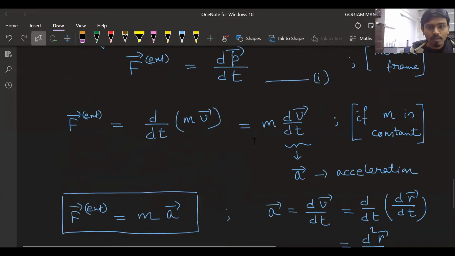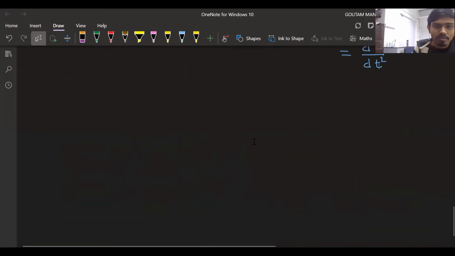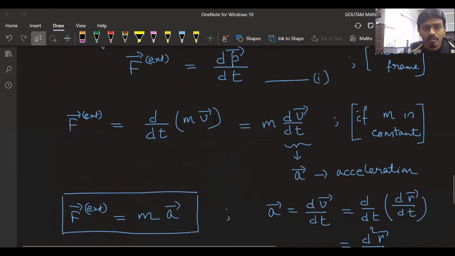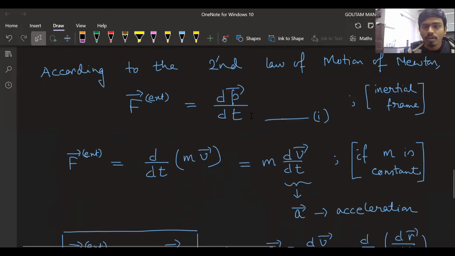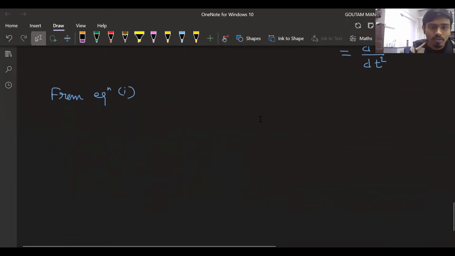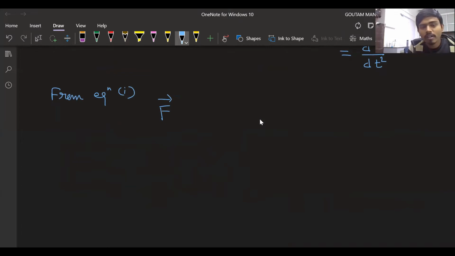So from equation 1, that is F equal to dp/dt, if we have a single particle, there is only external force, there is no internal force.